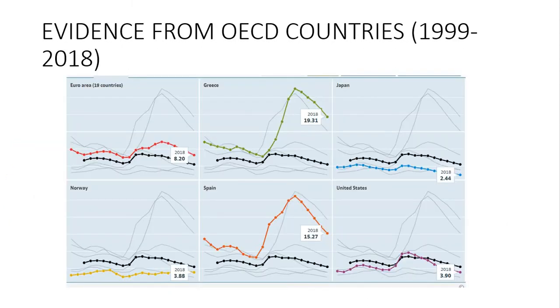And here are some stylized facts from OECD countries regarding unemployment rate statistics. As you can see, unemployment is higher in Greece and Spain in comparison to Japan and the United States. So the idea is like this.